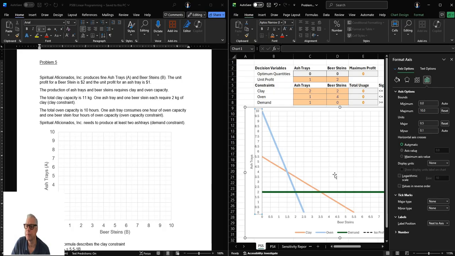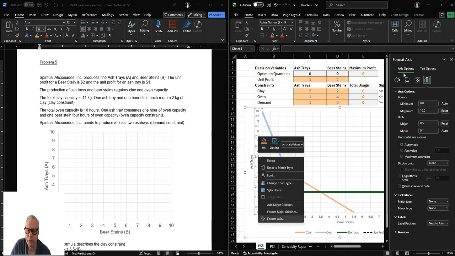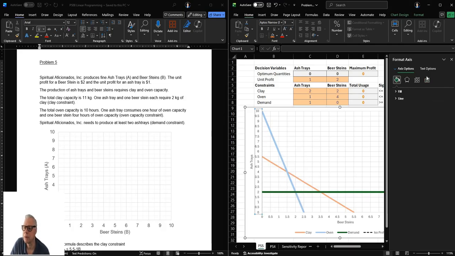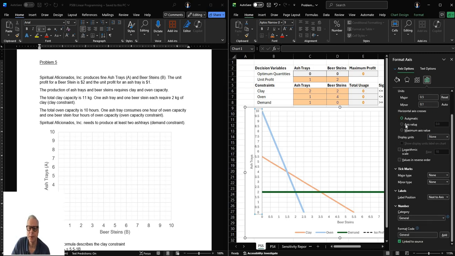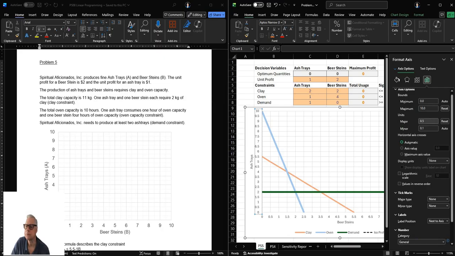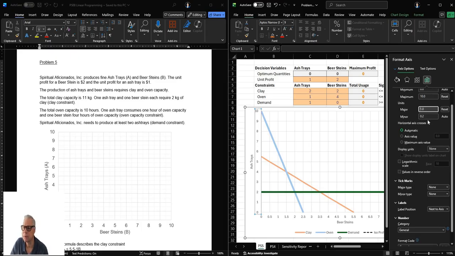So if you want to change this graph from an axis, so the major units is 0.5, display, tick marks, labels, number. So let's go back to 1 and then we change the tick marks.